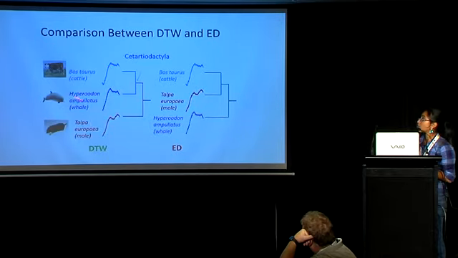This property was captured perfectly by dynamic time warping, but Euclidean distance did not capture it. This is because there are many mutations inside DNA, like insertions and deletions, which cause the time series to be warped with respect to each other, which is perfectly captured by dynamic time warping, but not by Euclidean distance. So it's a demonstration that in real-life data, we actually need to use dynamic time warping to do clustering.